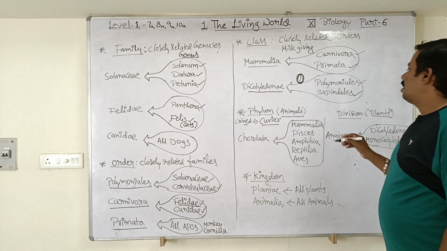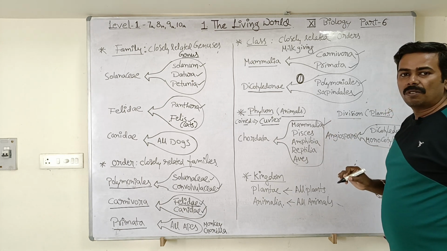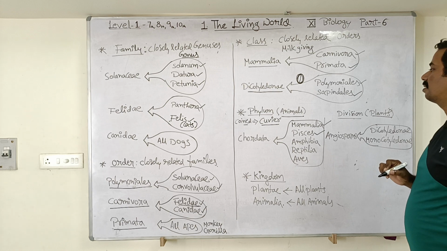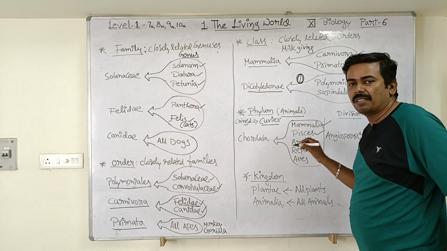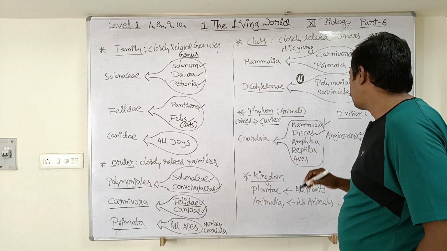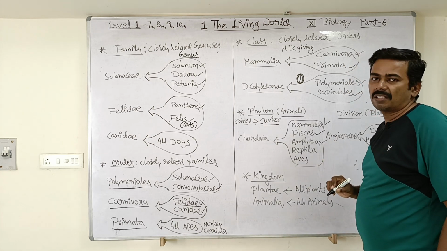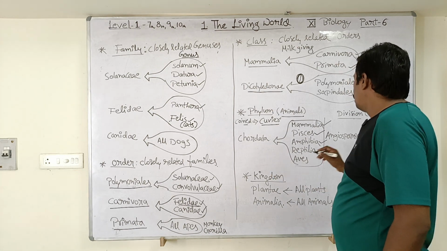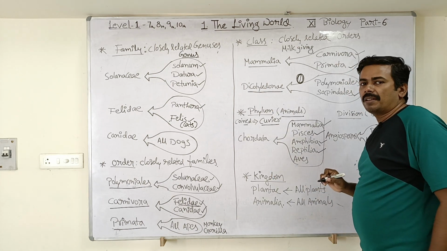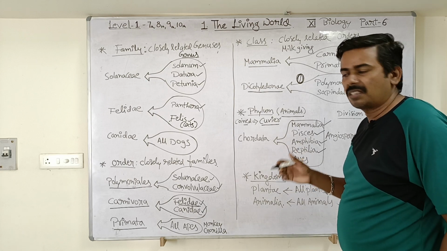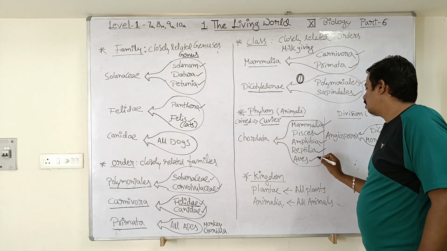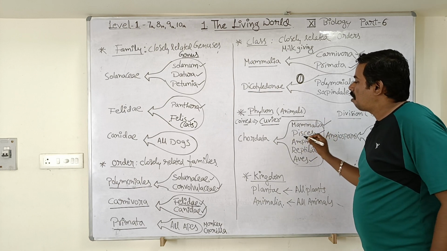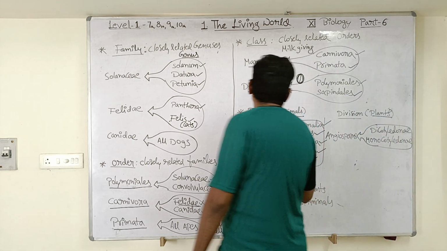Closely related animal classes: class Mammalia, which includes all milk-giving animals, and class Pisces, all the fishes which live in the ocean as well as in freshwater. Amphibia is a class which includes amphibious animals like frogs. Reptilia includes crawling animals, lizards, snakes. Aves includes different varieties of birds. All these are different classes. There is one common character called notochord.